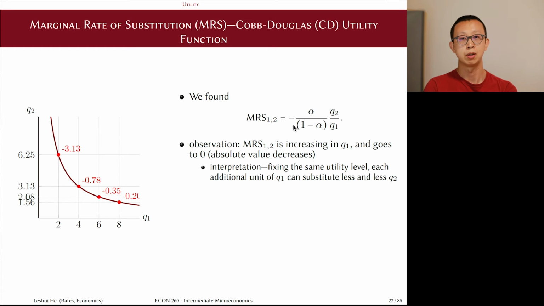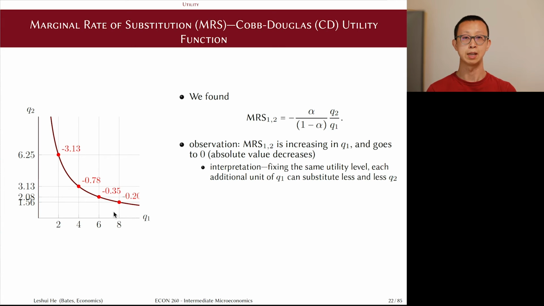Well, think back to our story about sliding down an indifference curve. The magnitude of MRS helps us measure the amount of good 2 we need to take away from a particular consumption bundle when we throw in one extra unit of good 1 in order to keep the consumer indifferent.